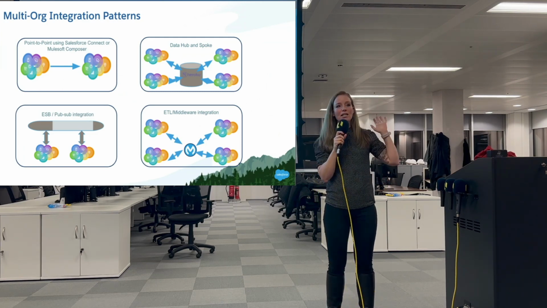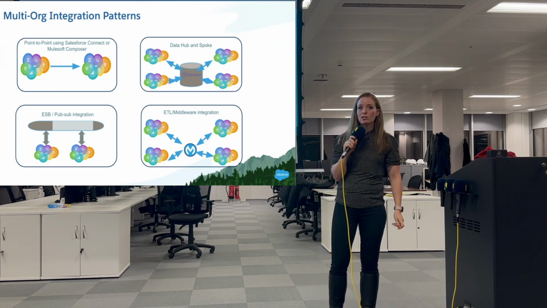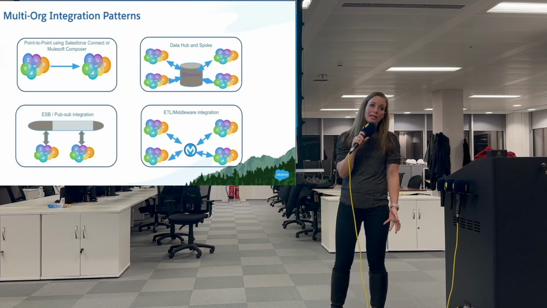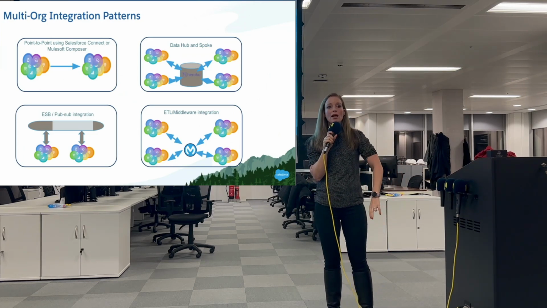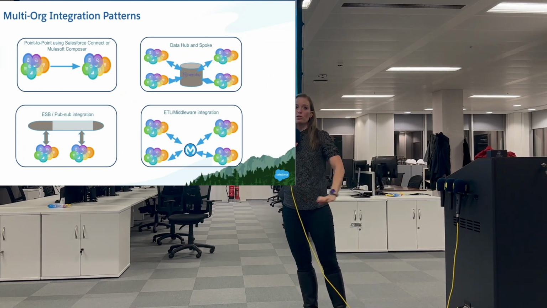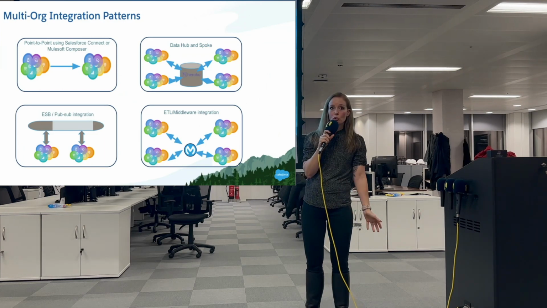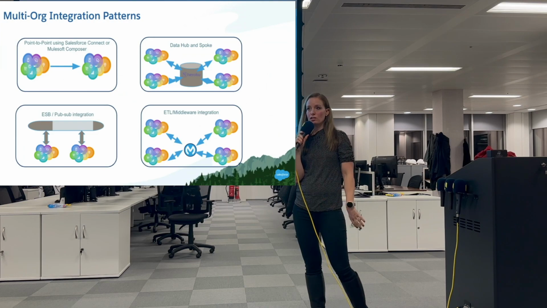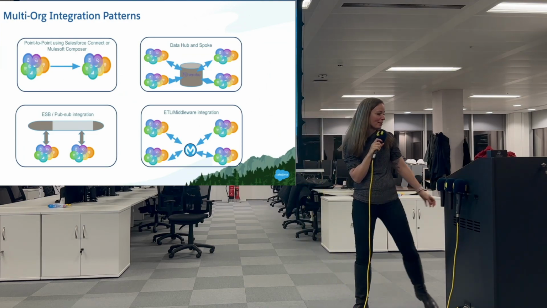There are many, many ways that you can do multi-org integration, depending on a lot of different factors. What we see typically with customers that only have two is they will have a point-to-point integration, which is what we are going to talk about today. If you have more than two orgs, I would normally not recommend having a point-to-point integration. Just putting that out there.